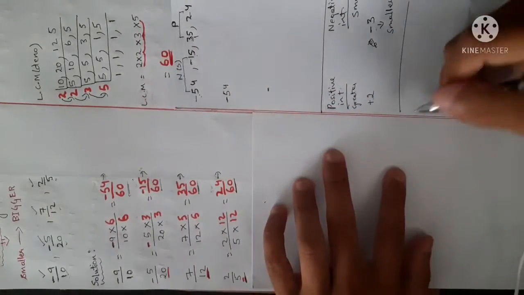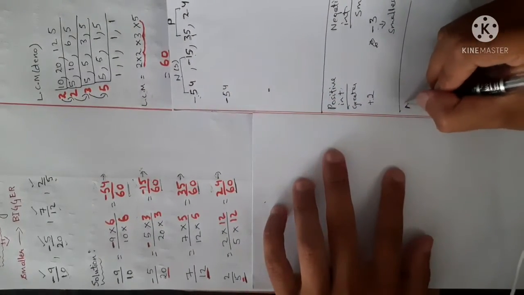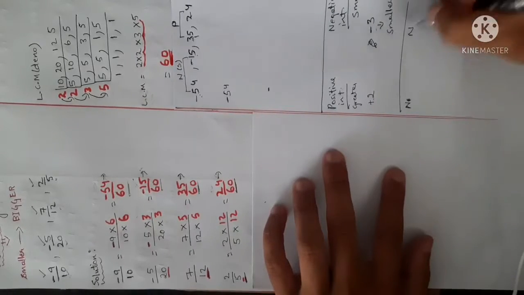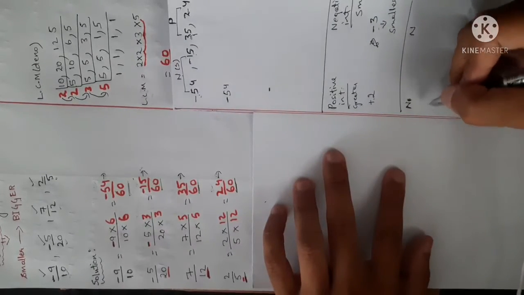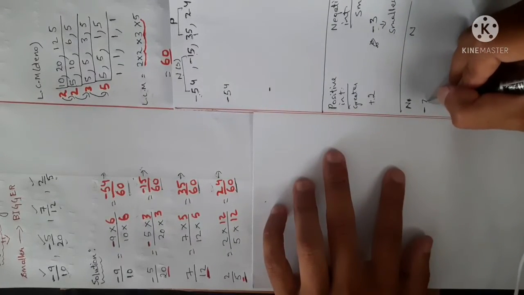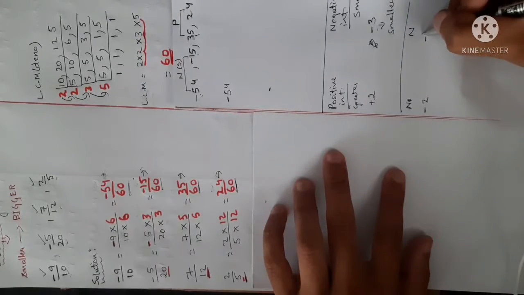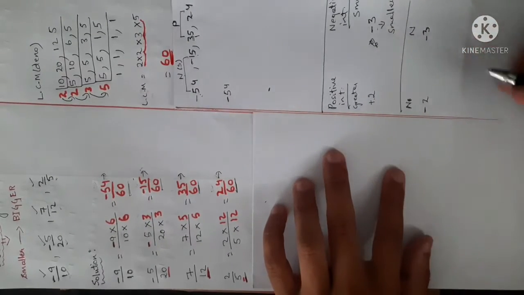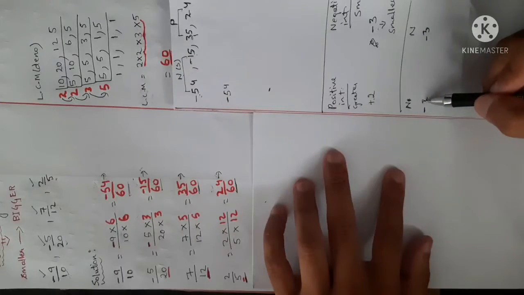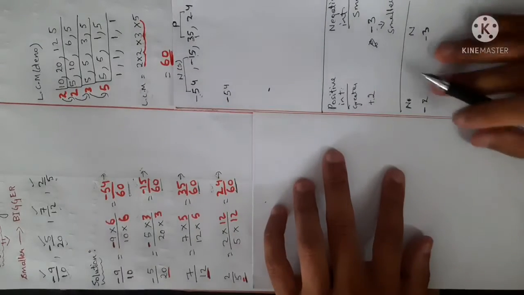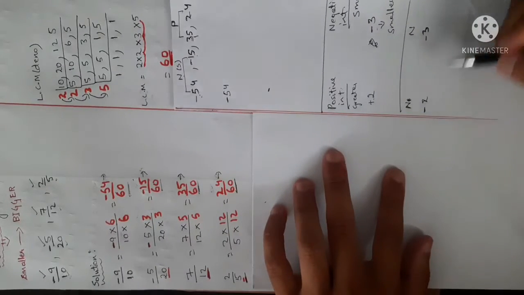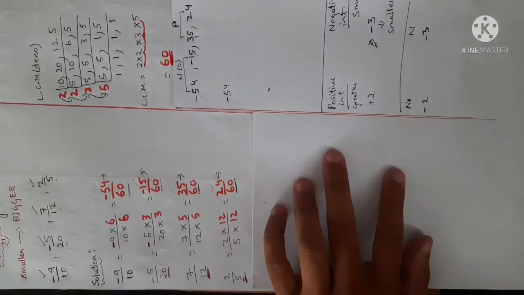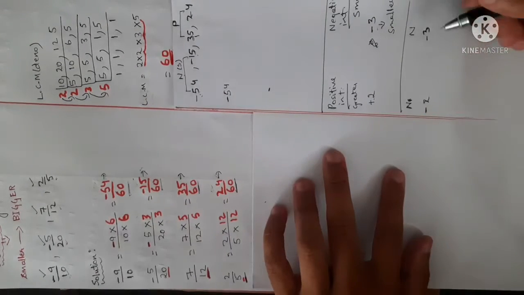Because if we compare a negative integer with a negative integer, what should we do? Suppose we have minus 2 and minus 3. These are negative integers, isn't it? In negative integers, the one with the higher numerical value will always be the smaller.